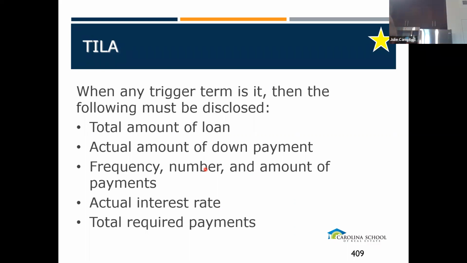Once we hit a trigger term, the lender in their ad also has to say the total amount of the loan, the actual amount of the down payment, the frequency, number, and amount of payments, the actual interest rate, and the total required payments. Again, the lender's saying if you're bold enough to advertise this, then you need to give all the terms.